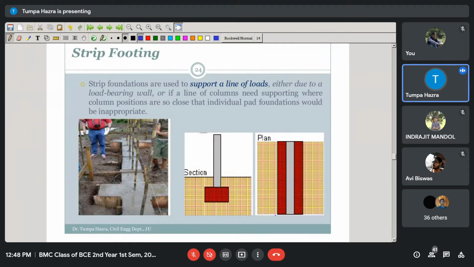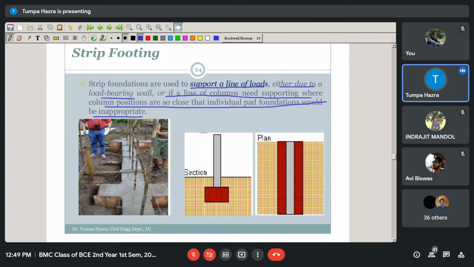Now whenever foundations are constructed to support a line of loads, either due to a load bearing wall or a line of columns where column positions are so close that individual isolated foundations would be inappropriate, then instead of isolated footings, a strip foundation is constructed.